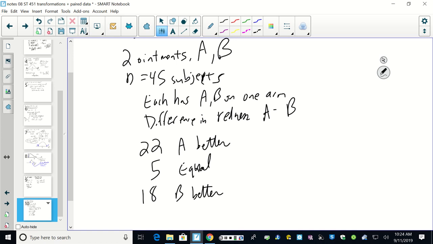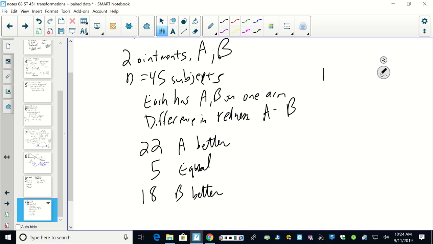And maybe the distribution of the differences is extreme, right? So it's not a large sample size. Maybe it's clearly not symmetric. And we can be interested in testing, right? Is one better versus the other, right?